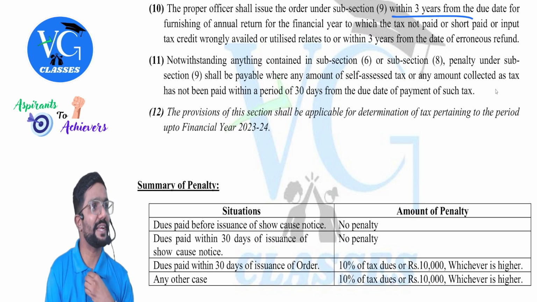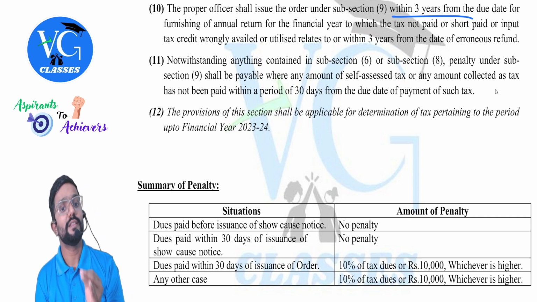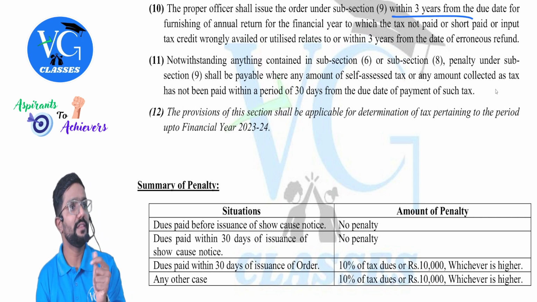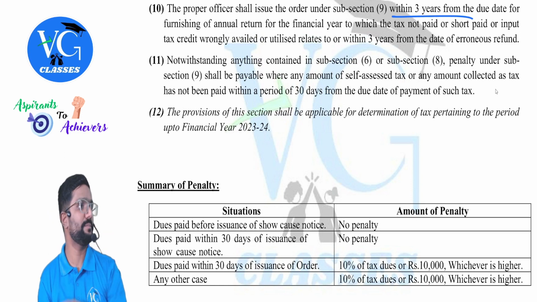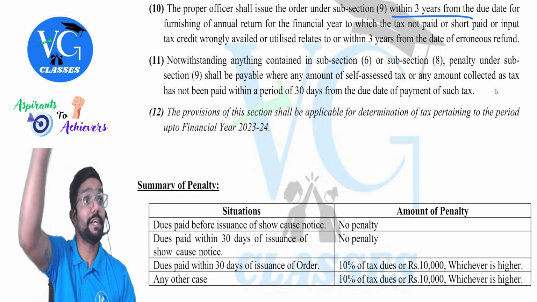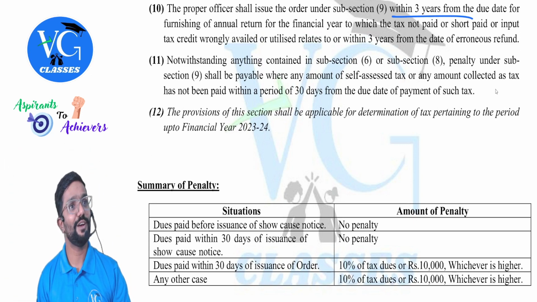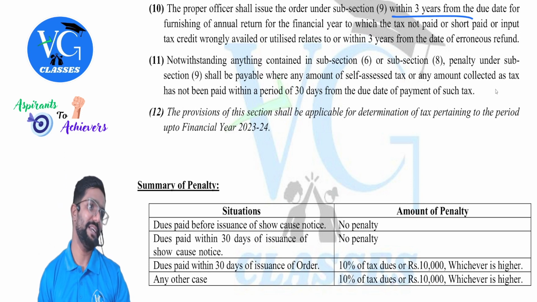Serious offense, right? Yes. They're telling if you don't pay within 30 days of the due date, will penalty be levied? Yes, penalty will be levied. Because you are playing around with government money. You collected it on behalf of government and keeping in your pocket, enjoying. Now they tell pay including penalty.